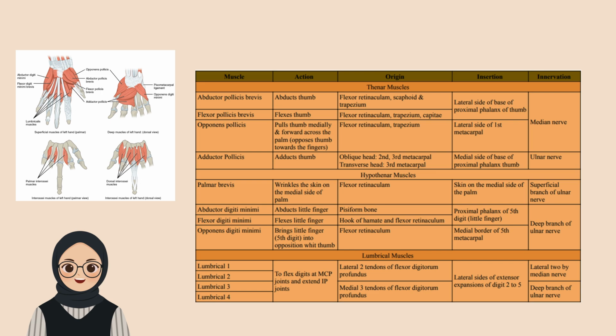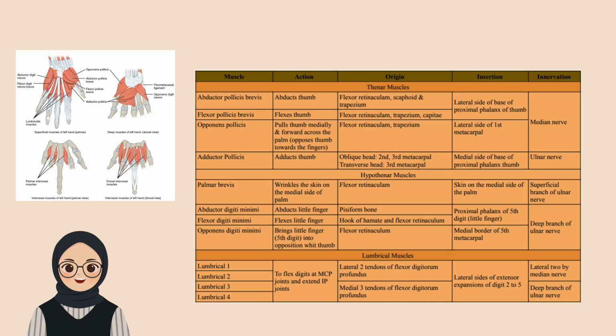For lumbrical 1 and 2, the origin is lateral to tendons of flexor digitorum profundus, while for lumbrical 3 and 4, the origin is medial tendons of flexor digitorum profundus.